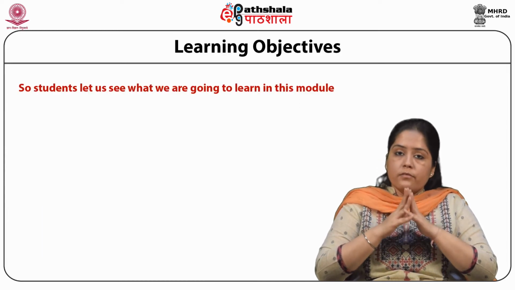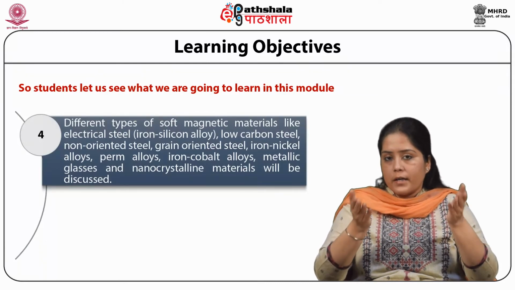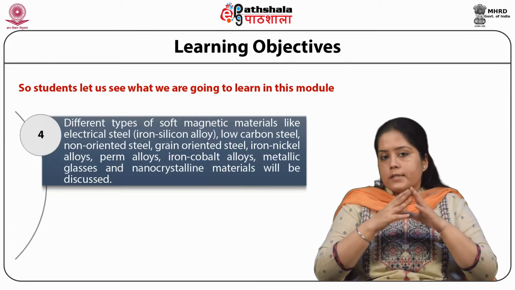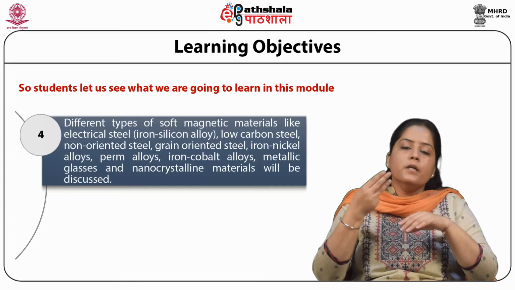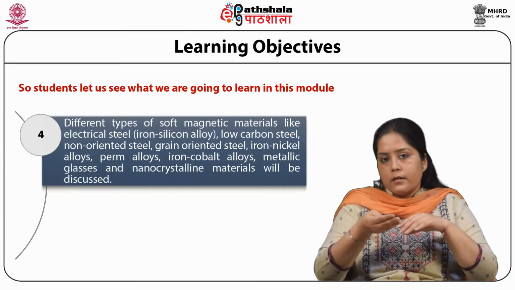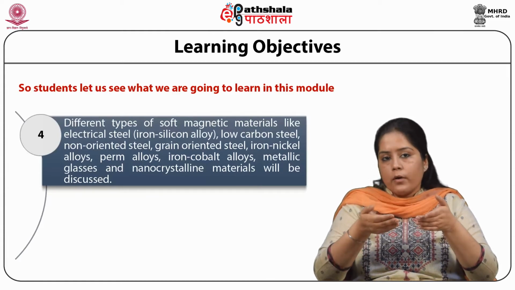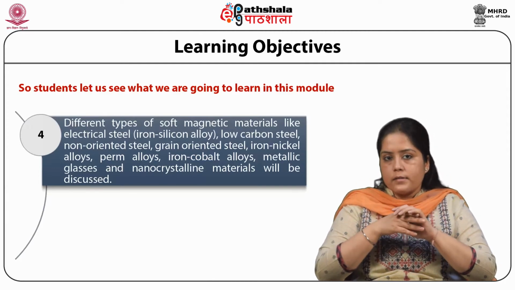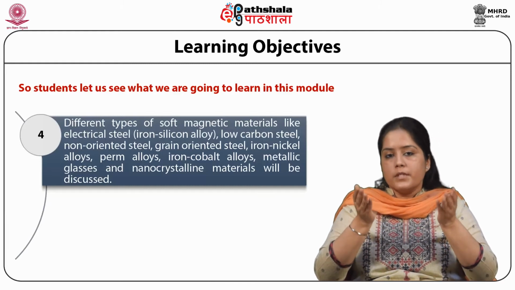Students, we will be discussing the different types of soft magnetic materials like electrical steel, low carbon steel, non-oriented steel, grain oriented steel, nickel alloys, permalloys, carbon, iron cobalt alloys, metallic glasses and nanocrystalline materials.